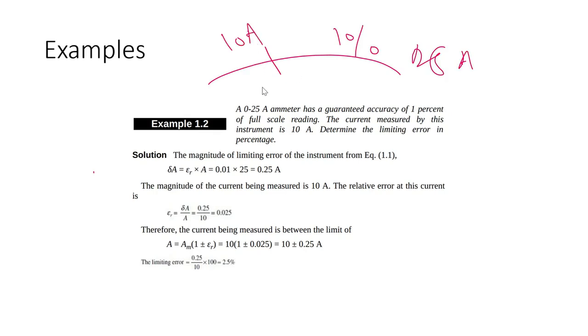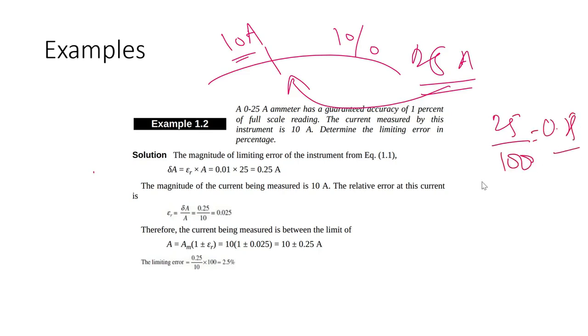So as we discussed in the previous topic, for 10 ampere this error would be more. So let's first calculate the value of error and then convert that error to the percentage of 10. So 1% of 25 is 25 divided by 100, which is 0.25.